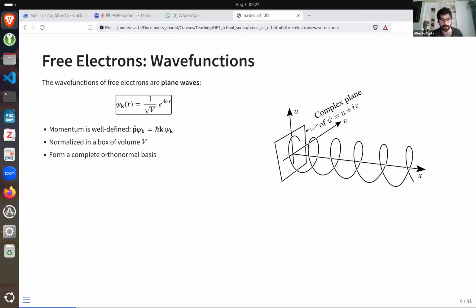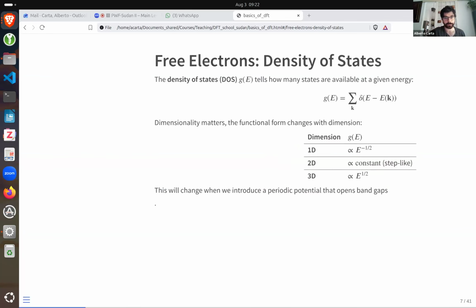This is a complicated way to say that you can describe everything that happens within our simulation box as a linear combination, a sum, of these basis functions, which are plane waves.